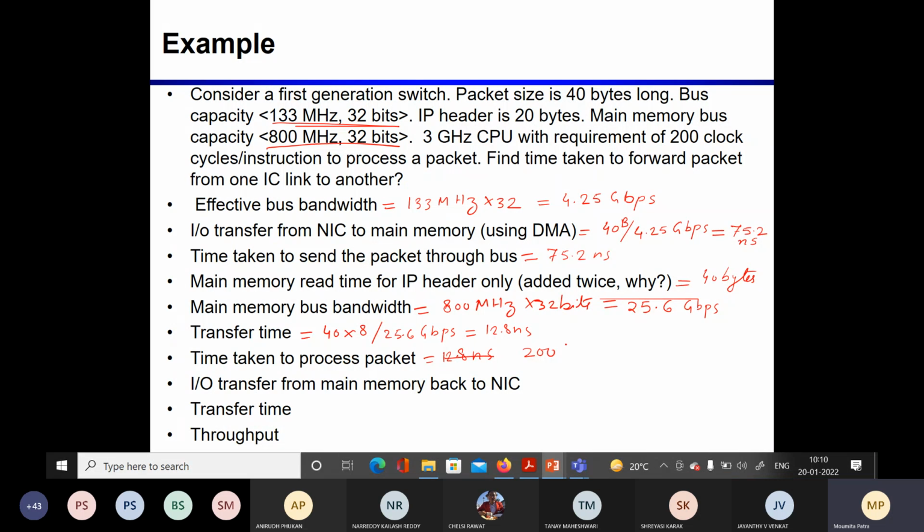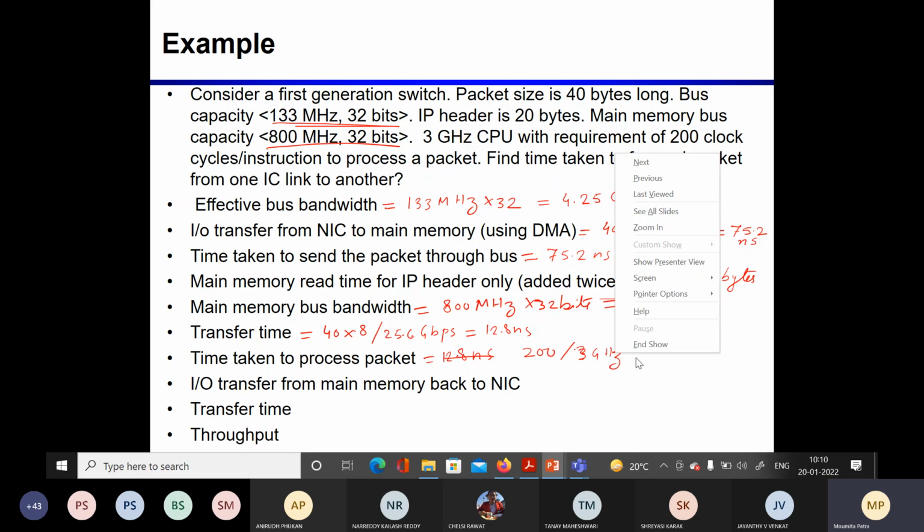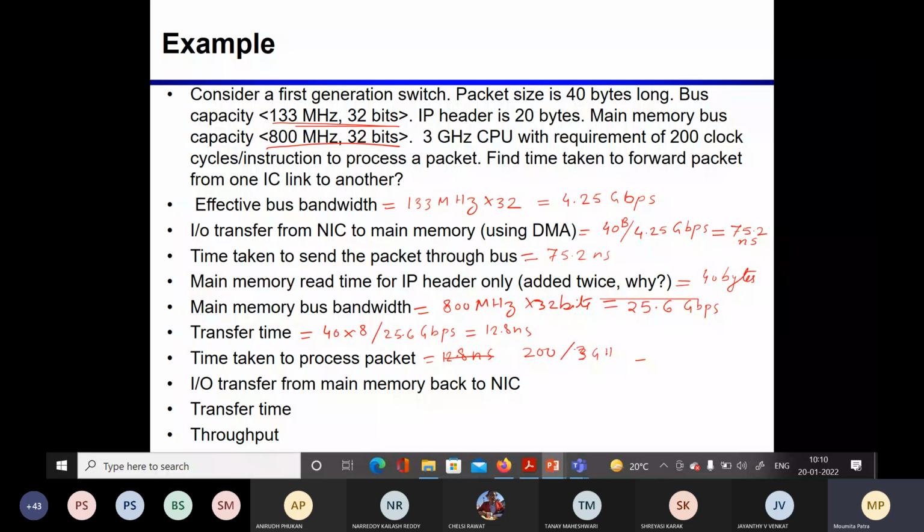And we have a 3 gigahertz CPU. So 200 clock cycles per instruction, and then 3 gigahertz CPU. What is the value for this one? 66.66 nanoseconds. Let me write 66.7 nanoseconds.